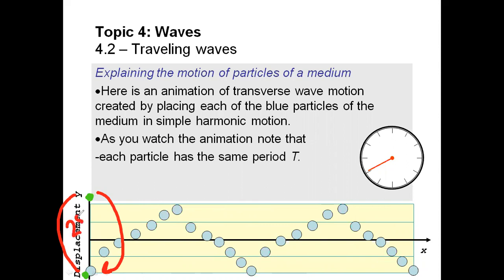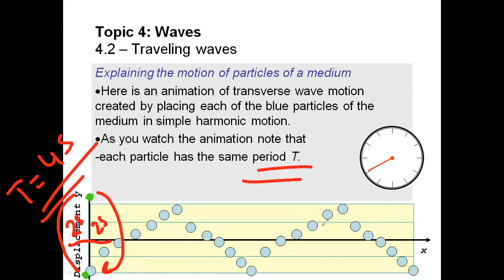And it needs another 2 seconds to move from top to the bottom. Altogether will be what? 4 seconds. So we can easily say that the period of this particle or this wave is equal to 4 seconds. It goes up and comes back to the same point. So it's called one complete oscillation.